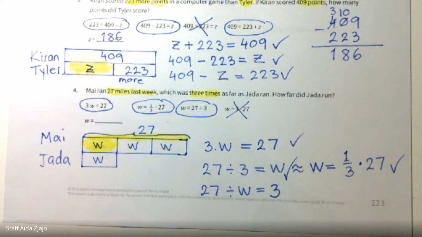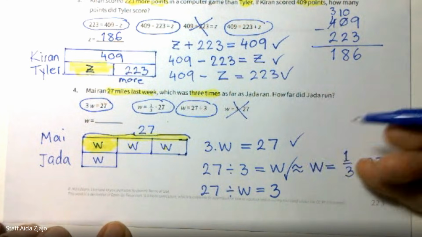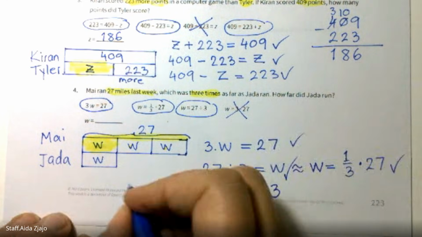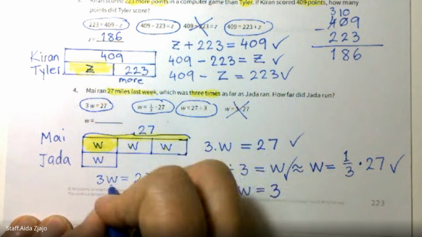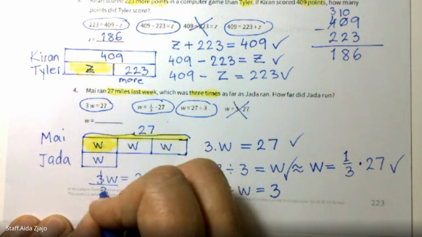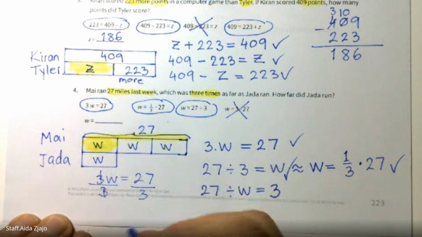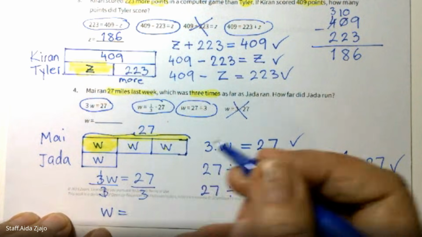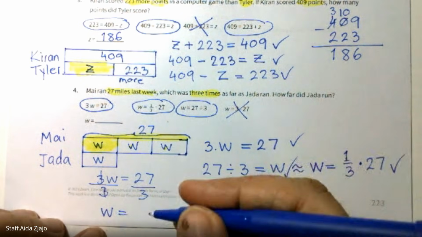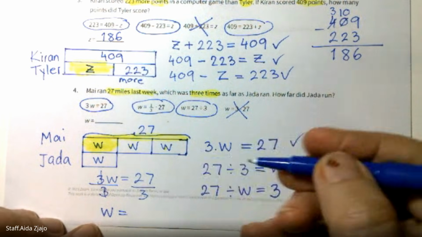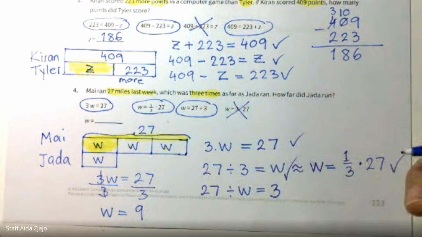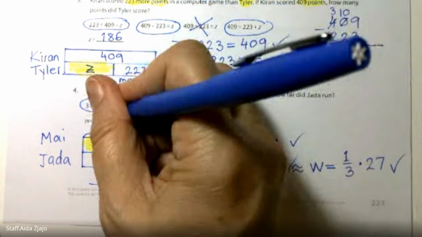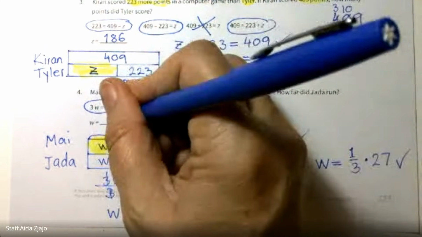Now we need to solve. If 3W equals 27, we divide by 3 and know that W equals 9, because 3 times 9 is 27. So she ran 9 miles.